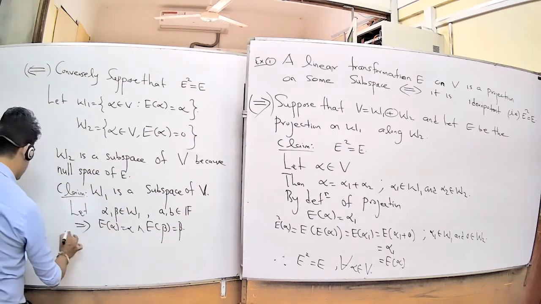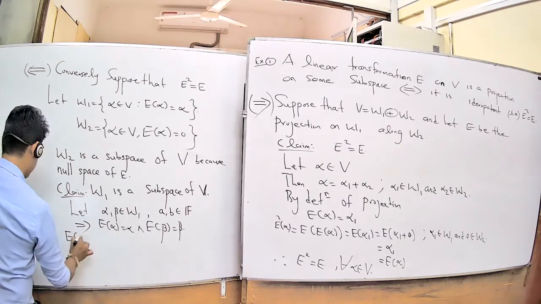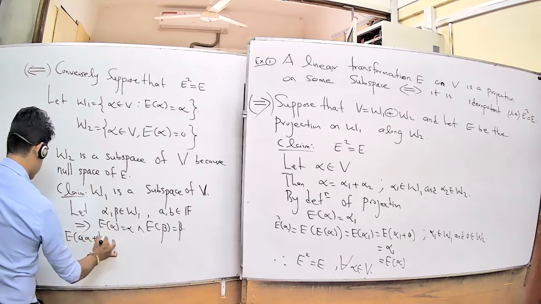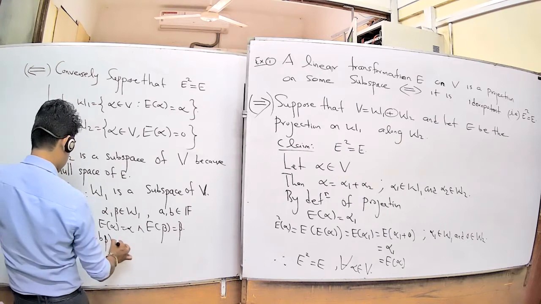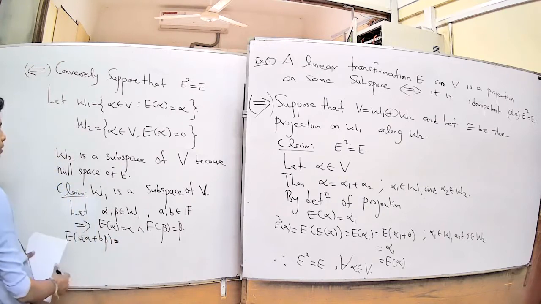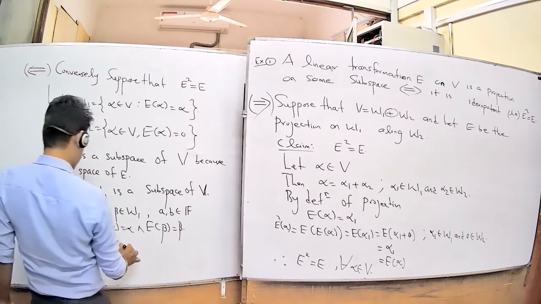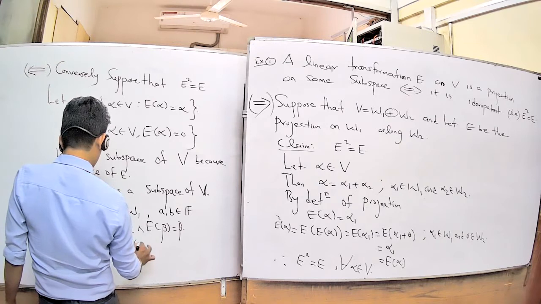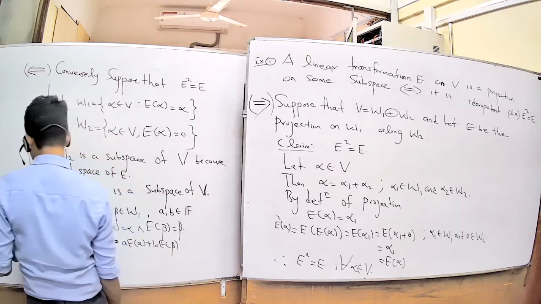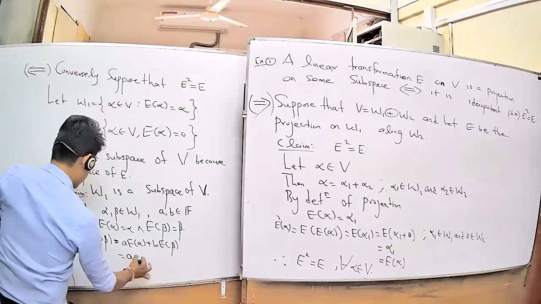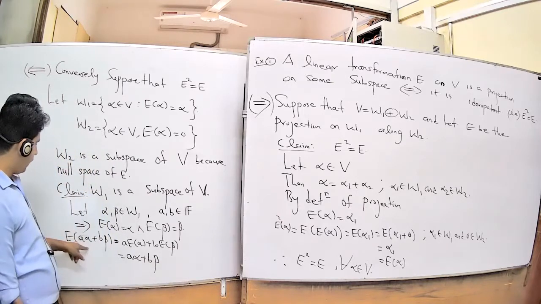Now consider E of a alpha plus b beta. E is a linear transformation, therefore you write a E alpha plus b E beta, which is a alpha plus b beta.